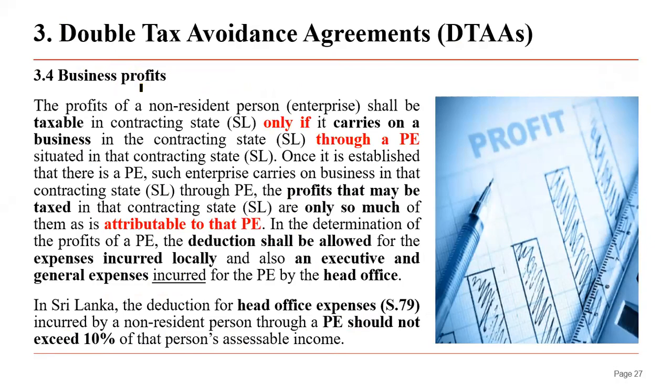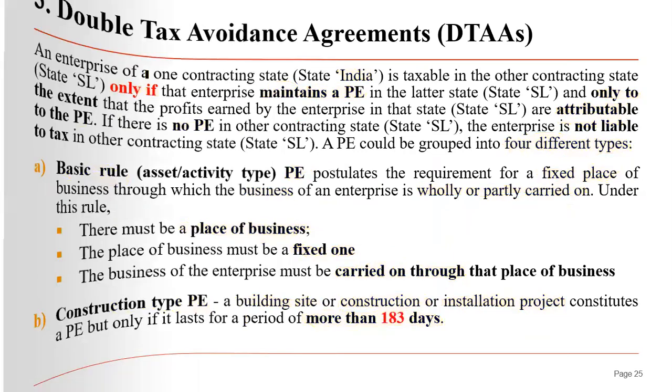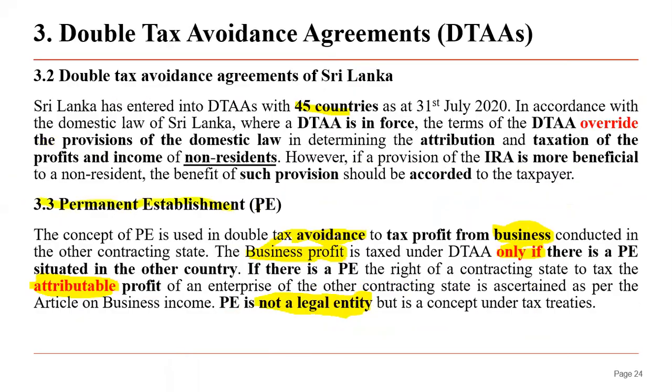Business profit is one of the key areas when we discuss DTAs. If you refer to the DTA, it has a separate article for this. The PE also has a separate article. If you go through the permanent establishment article, you will find a separate article for PE, right?